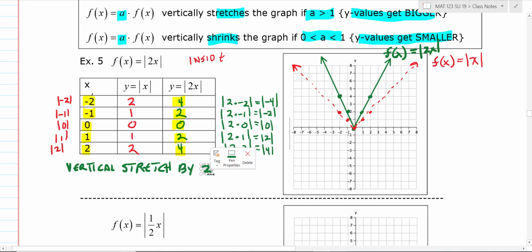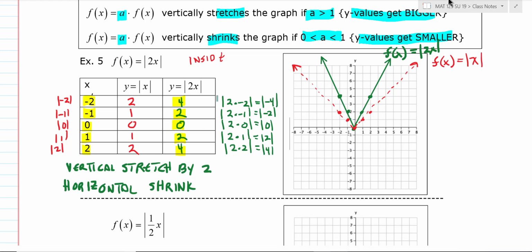Think of like, what do they call those, a squeeze box, an accordion, yeah, an accordion. So you kind of think of this as you're squeezing on it, okay? So you could also say this is a horizontal shrink. Now that's all you got to say is vertical stretch, horizontal shrink. You don't have to say by what factor. That doesn't make any difference to me. So if you just say one of those two, it's okay.